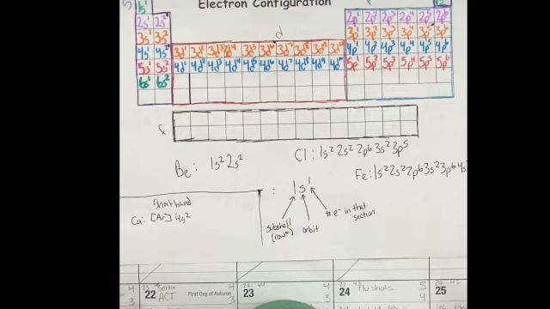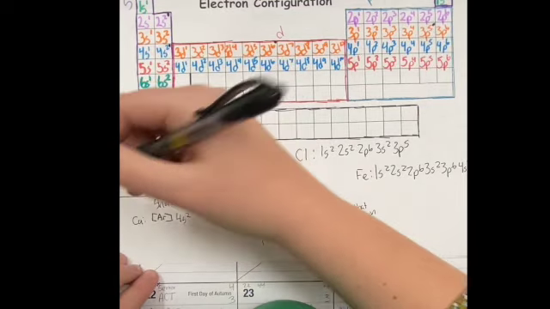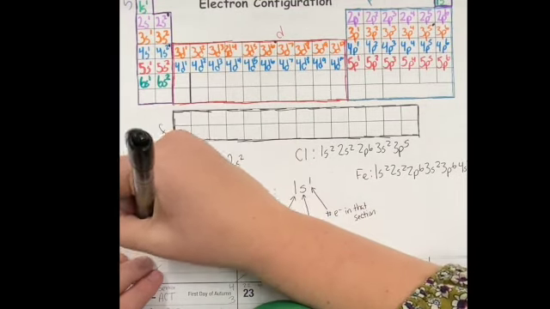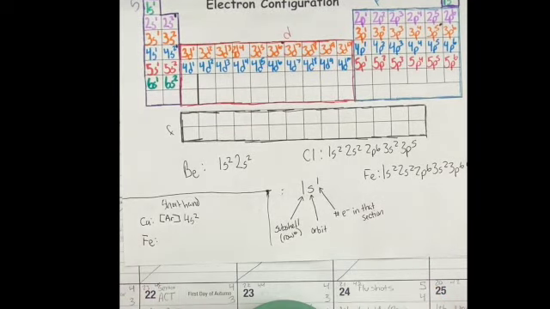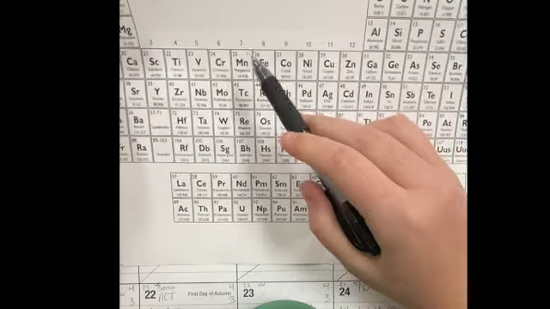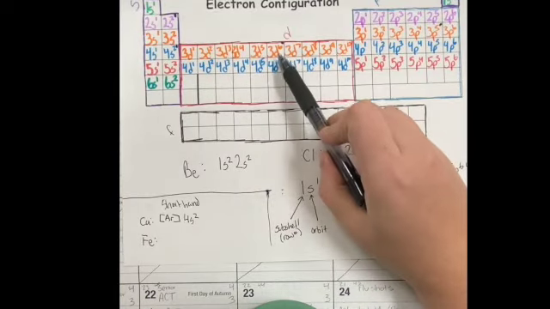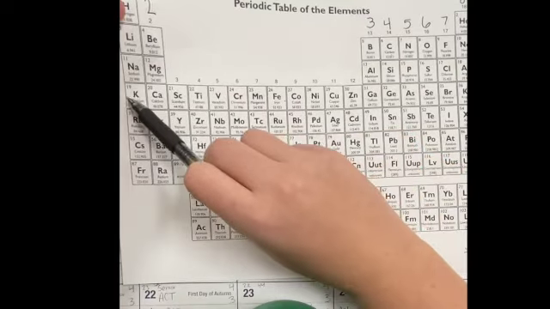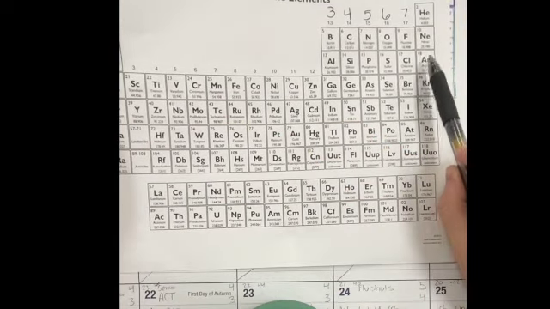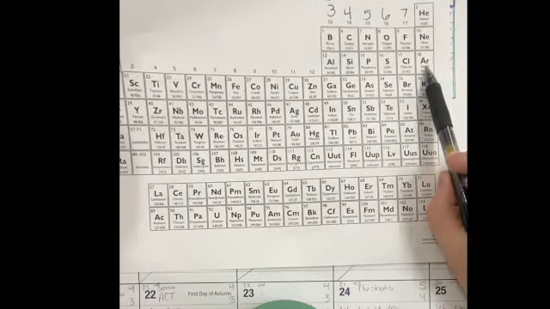So let's do one more. Let's do iron. So here is the longhand of iron. So let's see what the shorthand would look like. Iron is right here, which is this box right here. So first thing we do is we go backwards until we get to the last noble gas that it passed. Well, in this case, it's Ar.